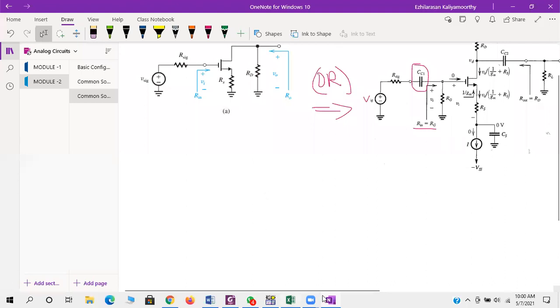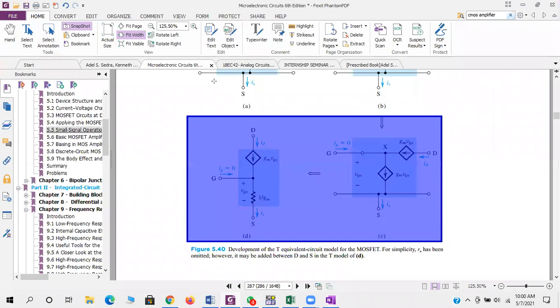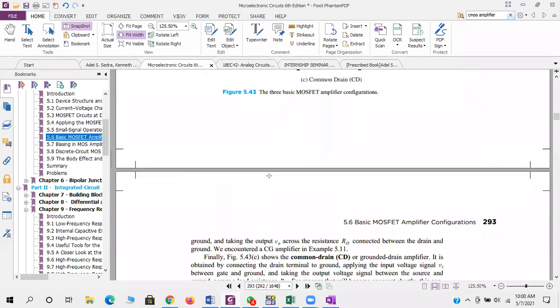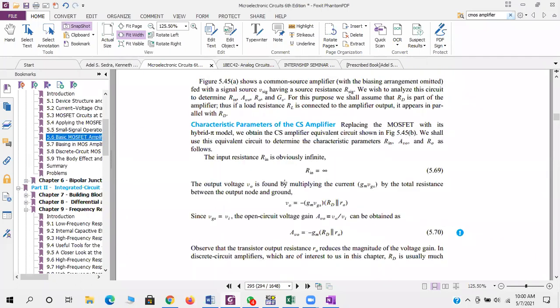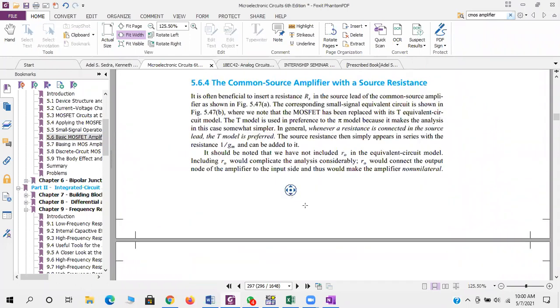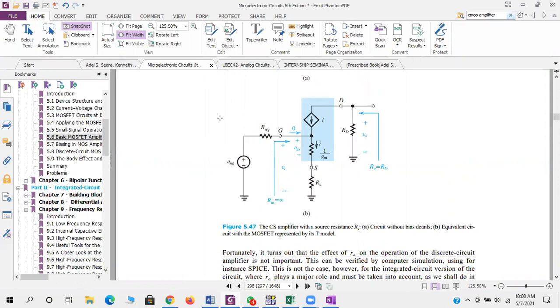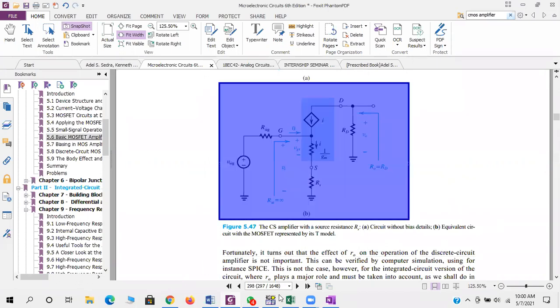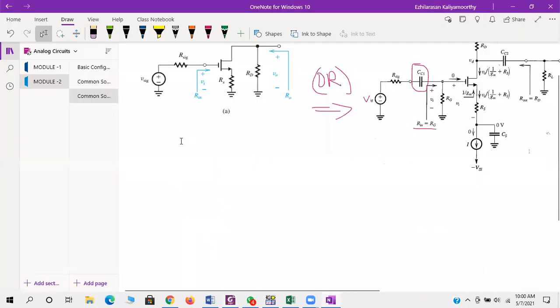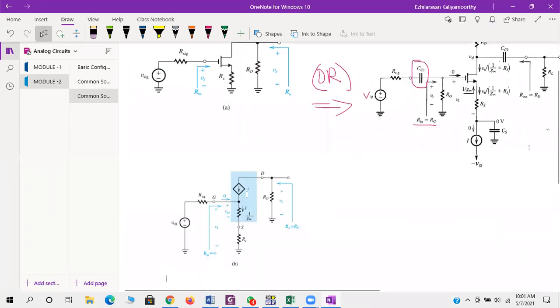Now let us take the T model circuit. Okay, see, now we have drawn here the equivalent T model of this circuit.